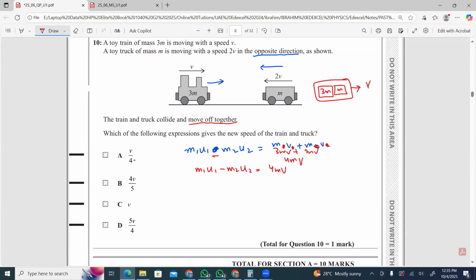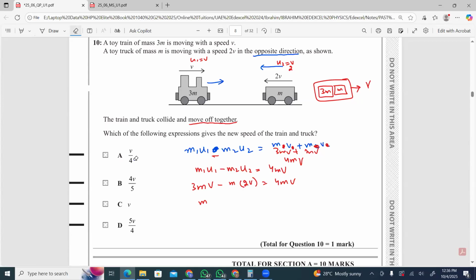Since you can see that the speed u1 is v and u2 is 2v, you just put the value of u1 to be v and the value of u2 to be 2v. When you open up the brackets, m1 is 3m, apologies, and m2 is m.